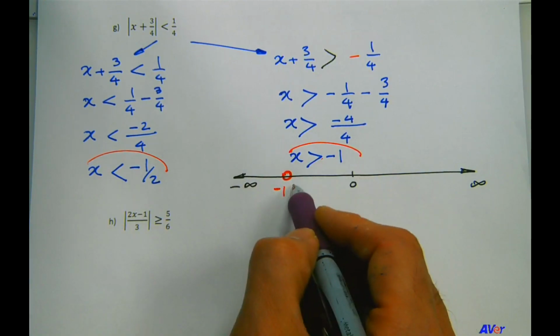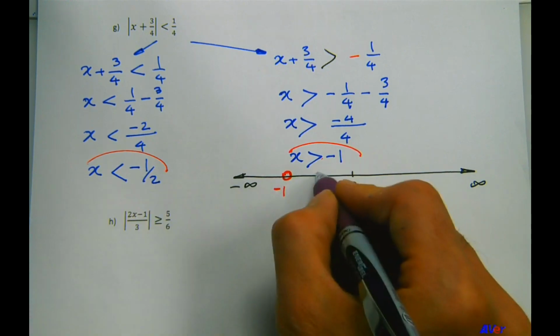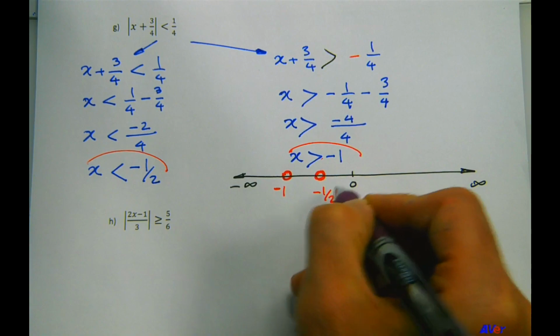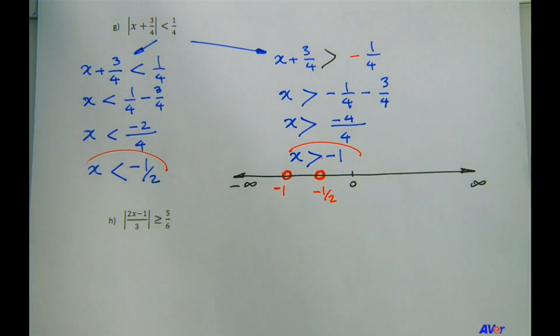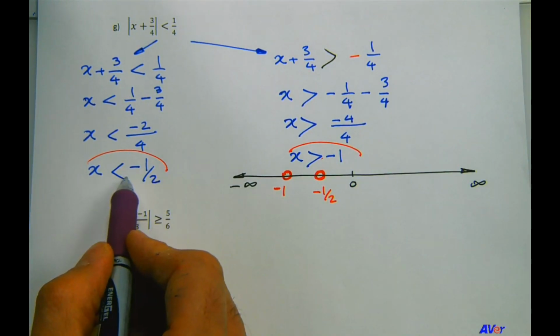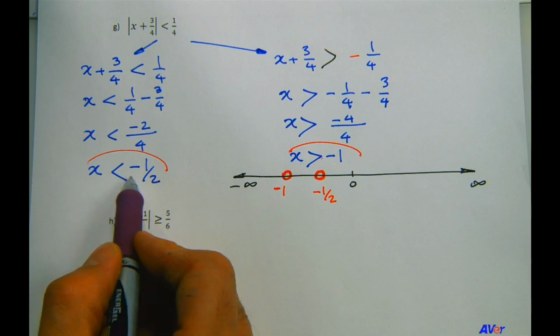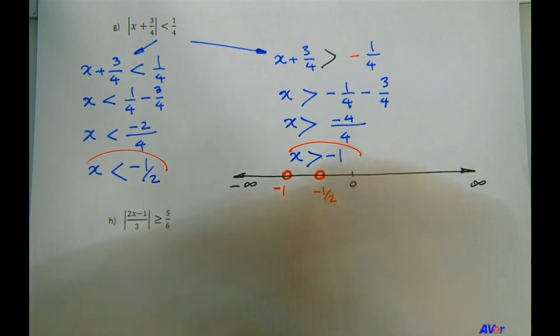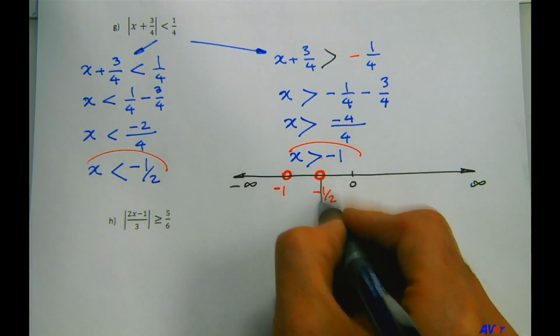So negative 1, and then negative 1/2 would be somewhere here. This solution is saying anything less than negative 1/2. That means go this way.